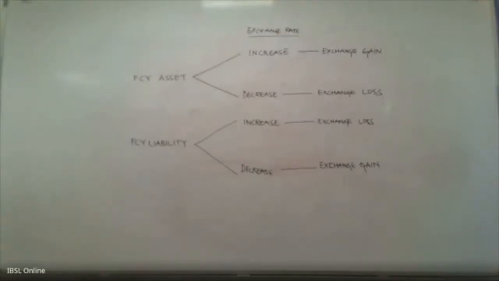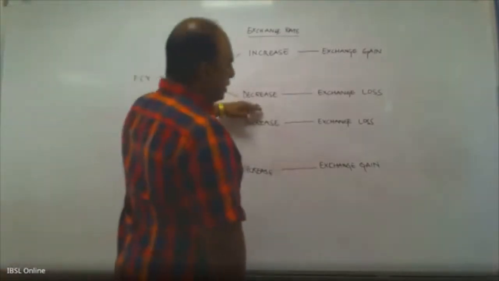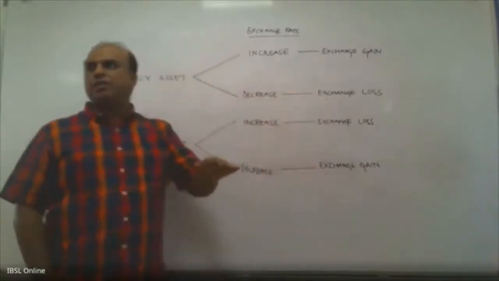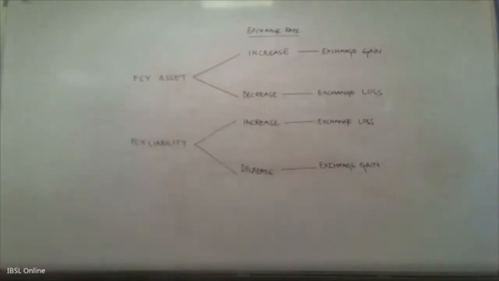If you are having a foreign currency asset and if the rate goes up, you have to have an exchange gain. So what would be the double entry? You will have to debit the asset and credit the P&L with exchange gain. If the exchange rate decreases, then you will have an exchange loss. So you will debit the exchange loss in the P&L and credit the asset.